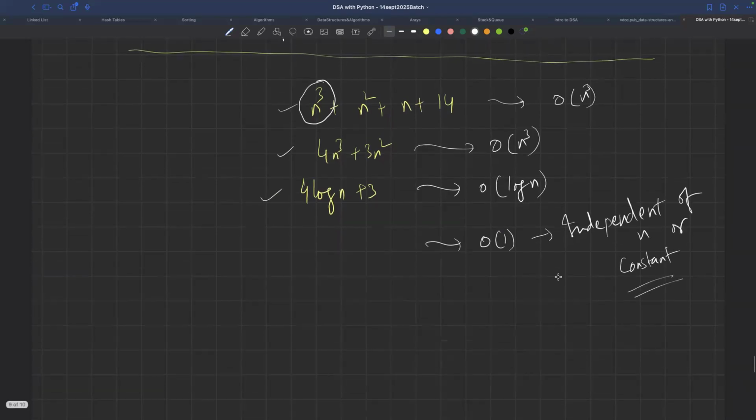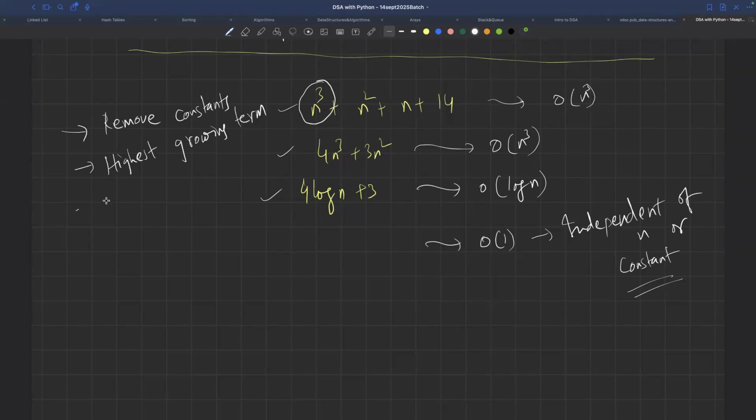So what you have to do is remove coefficients, remove constants, take the highest growing term and remove coefficients.